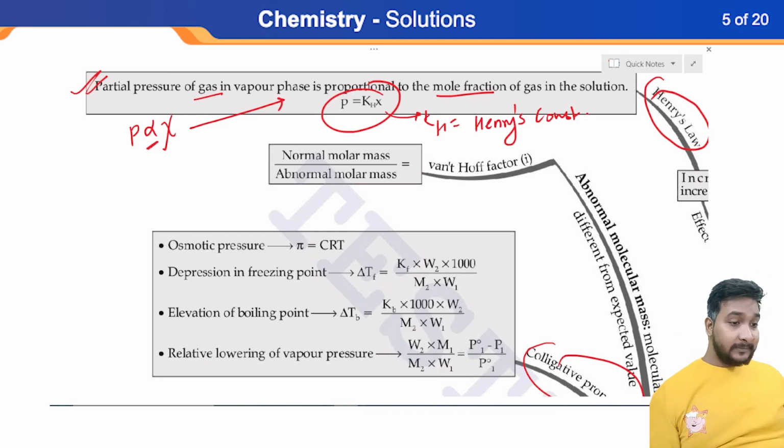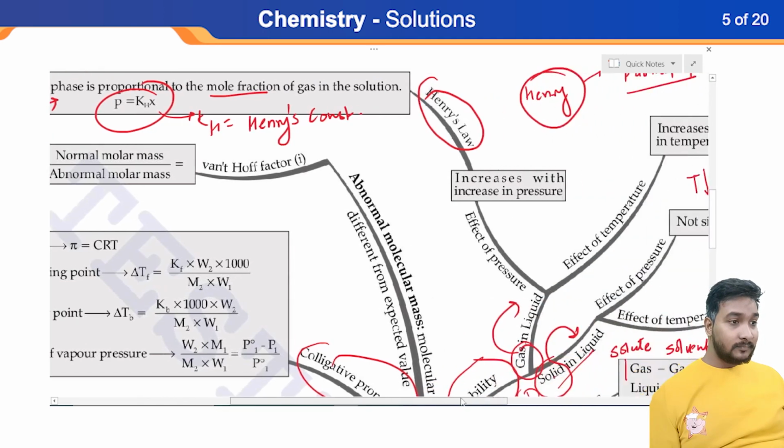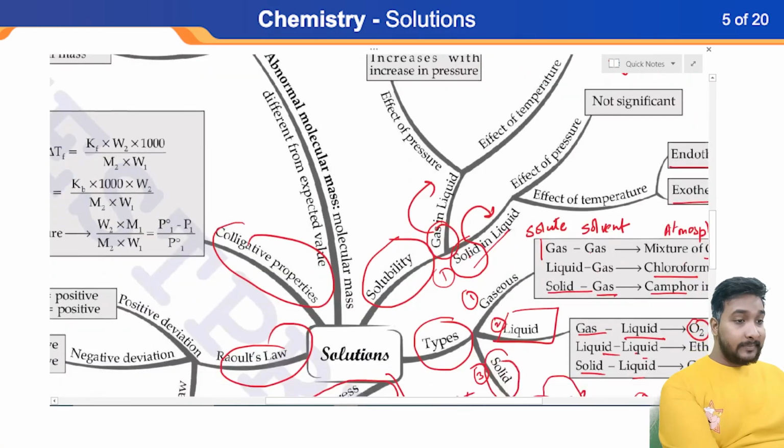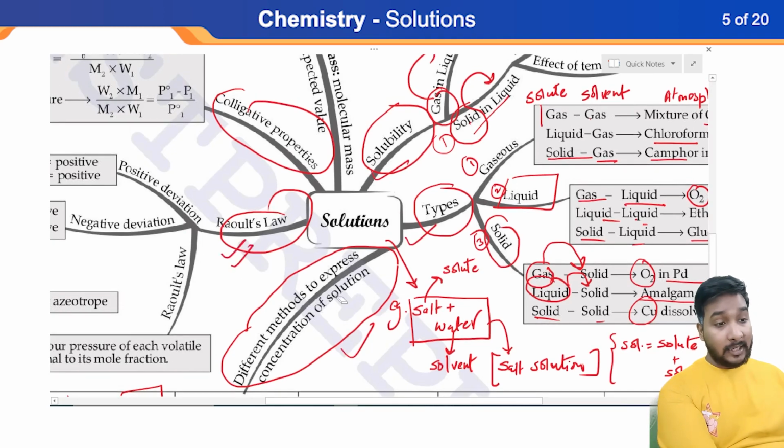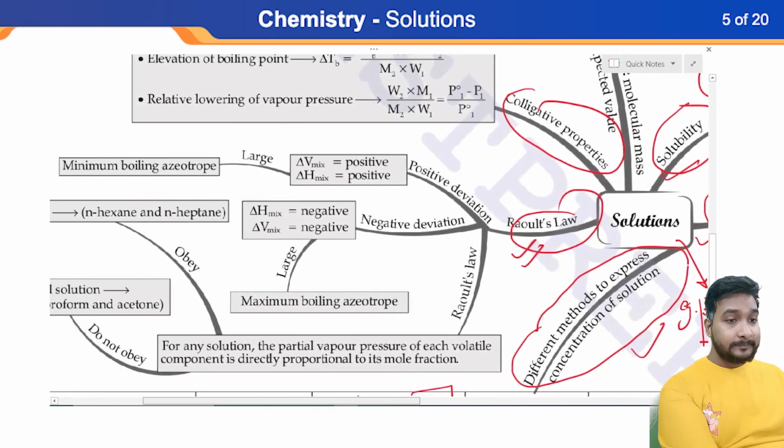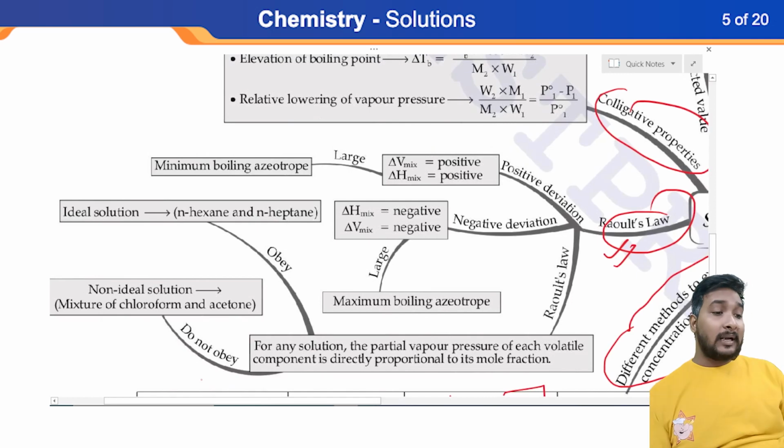Next, moving on to the next segment. We have completed the definition, types, solubility, and concentration terms. Now Raoult's law, a very important law. We have to apply Raoult's law for solutes.